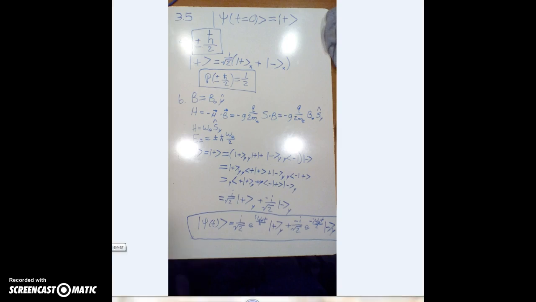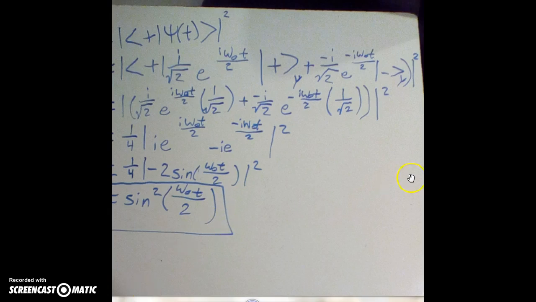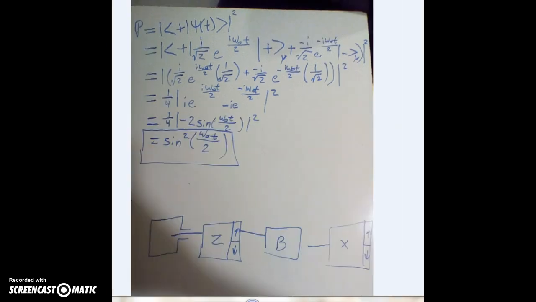So, and then next for part C, it asks to find the probability of the plus h bar over 2. So our probability is calculated with this equation right here.